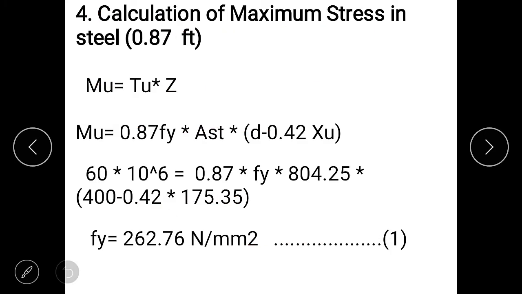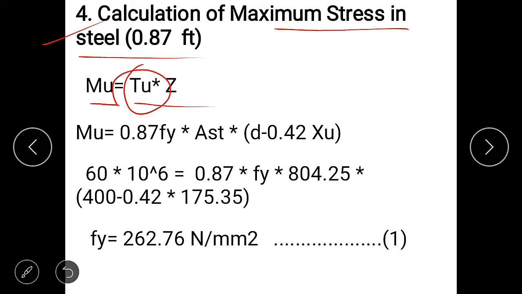Now the fourth step, calculation of maximum stress in steel. In this numerical we have to find the maximum stresses in steel and in concrete. So Mu equals Tu into z.